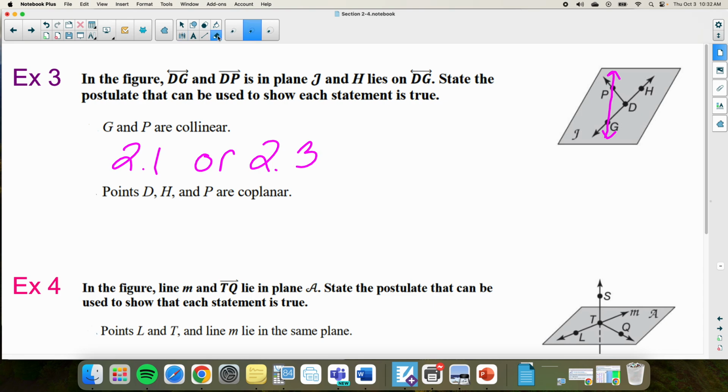Then it says points D, H, and P are coplanar. D, H, and P are 3 non-collinear points, and through any 3 non-collinear points you can draw a plane. So which one was that? 2.2 or 2.4? Yes.